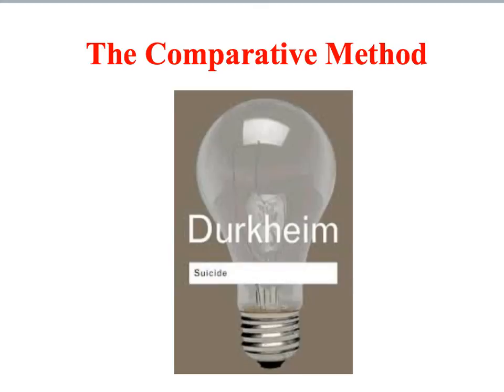And this is quite a useful method for situations where it's simply impractical or unethical to use experiments. So this is much more widely used than laboratory experiments in sociology. And really the classic example of the comparative method in sociology is Durkheim's famous study of suicide.